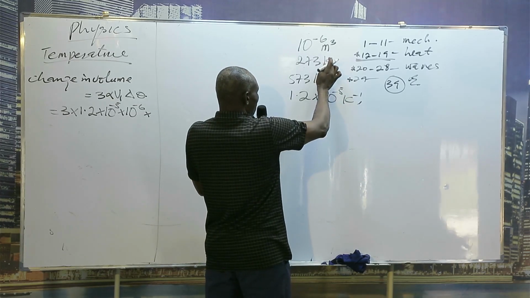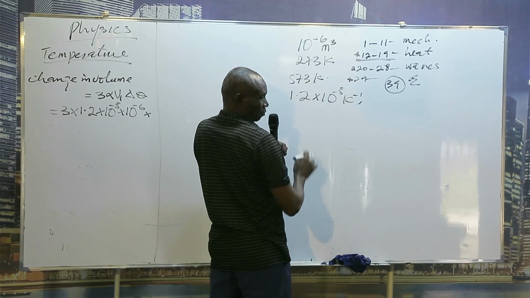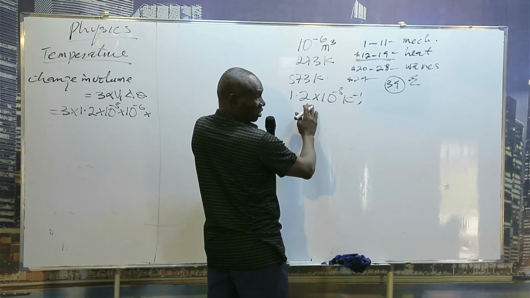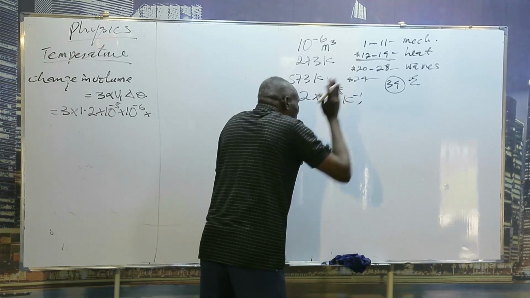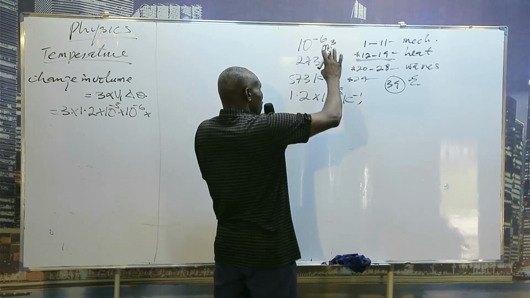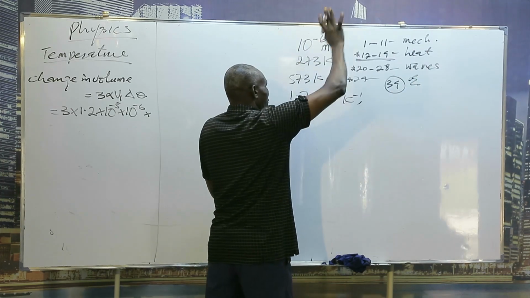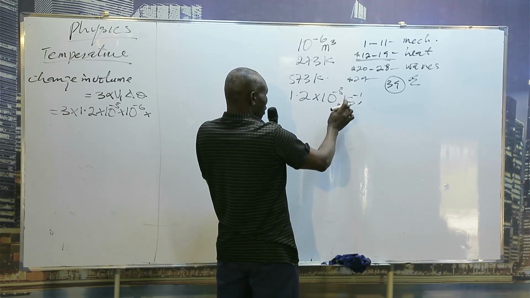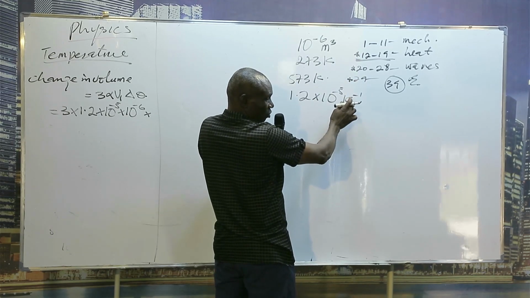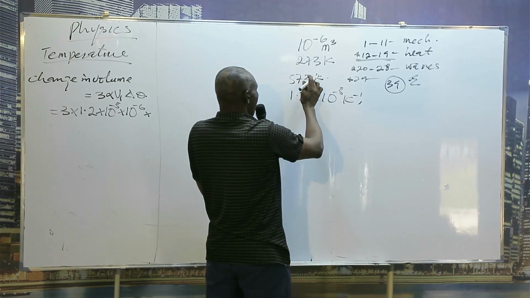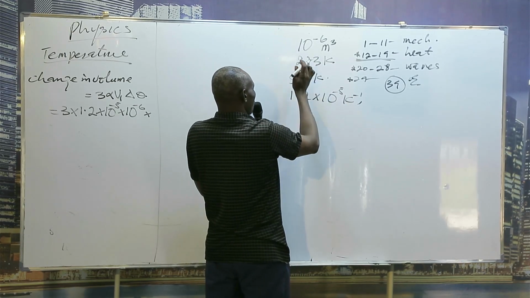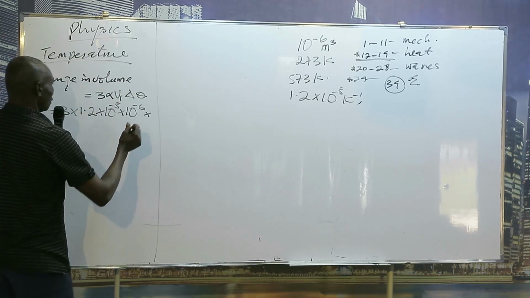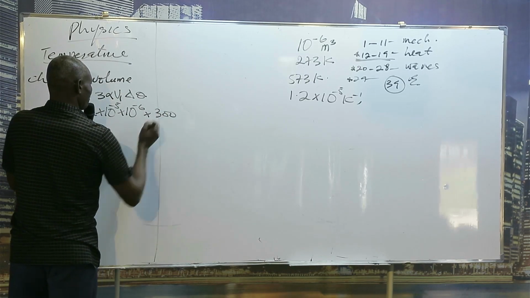Some of you started changing it back. No. If it's in degrees, go with degrees, because what you have as the linear expansivity is per Kelvin. If it's Kelvin, go with it. Temperature remains temperature, but this is where you have the variation. So 573 minus 273 will give you 300.